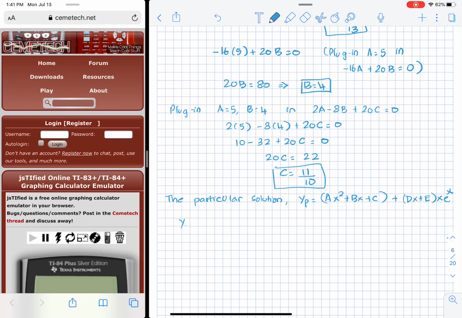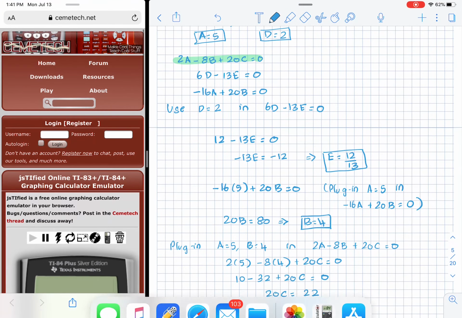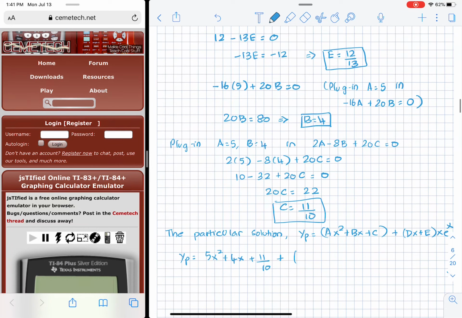So we plug in all the values, 5x squared plus 4x plus 11 over 10 plus 2x plus 12 over 13 e^x.